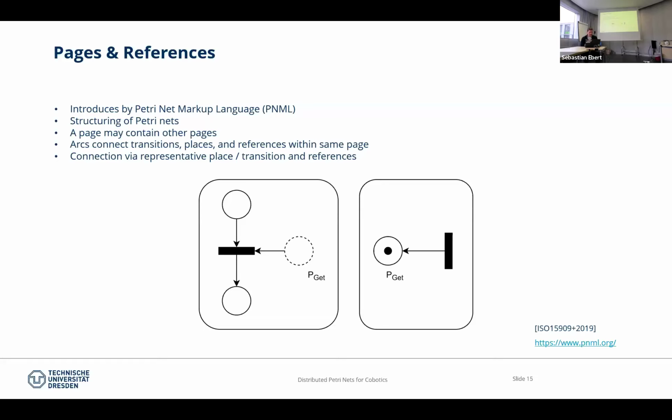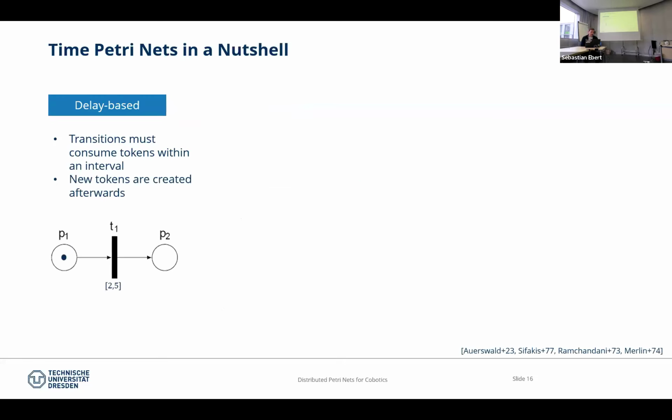The second and also last extension that we'll have a look at in the foundation are time Petri nets. There are many extensions around them in the world. I think they started somewhere in the end of the 80s with a bunch of extensions, but there are basically three schools.